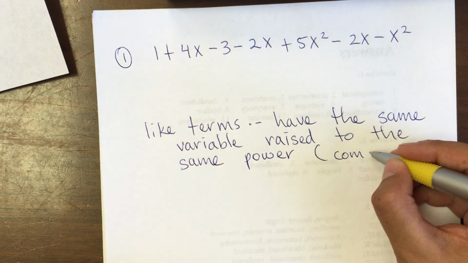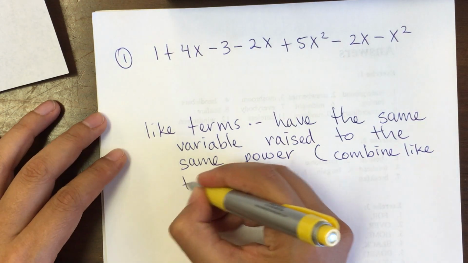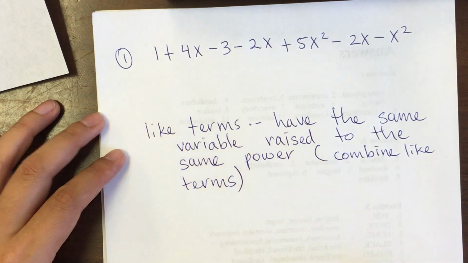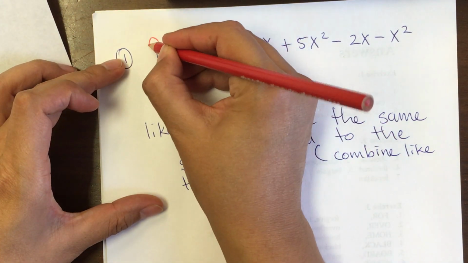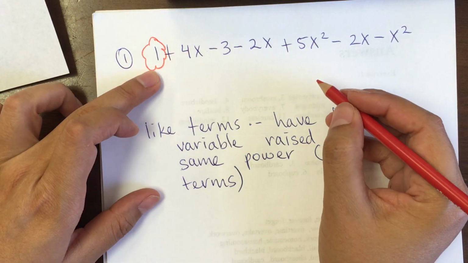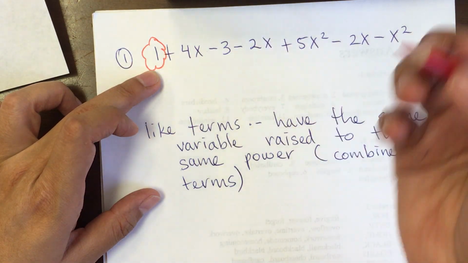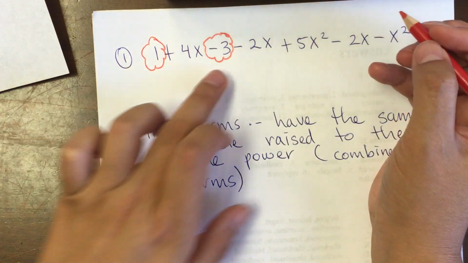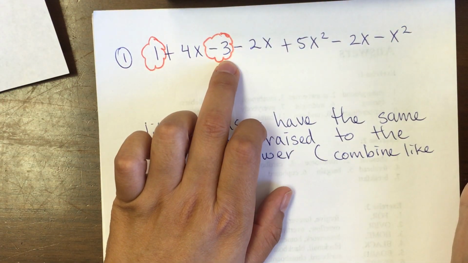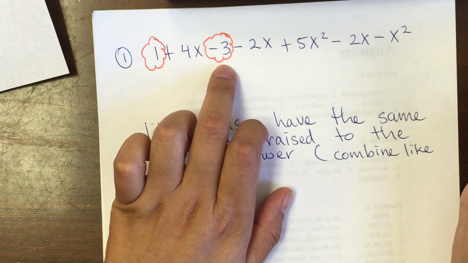Combine like terms, okay? Meaning putting them together. And so in here, we can see that we have a constant. Because it has no variable, we say it's x to the 0, or you can just think of a number that doesn't change. The -3 also doesn't have a variable, so that would be considered a constant number.